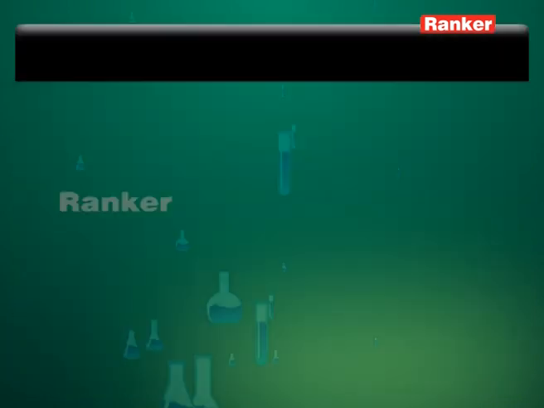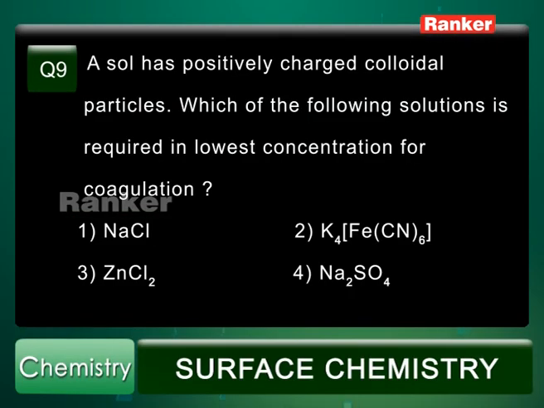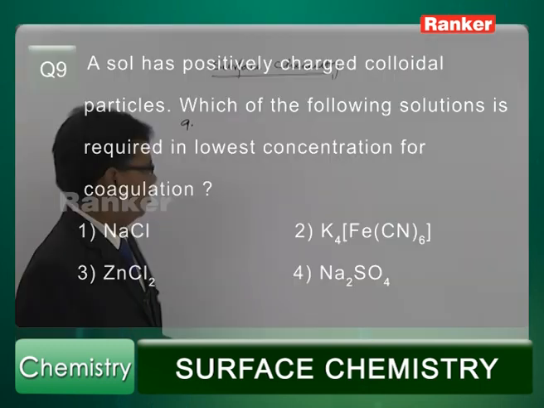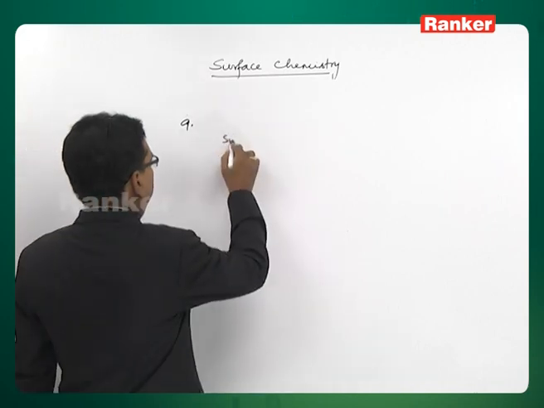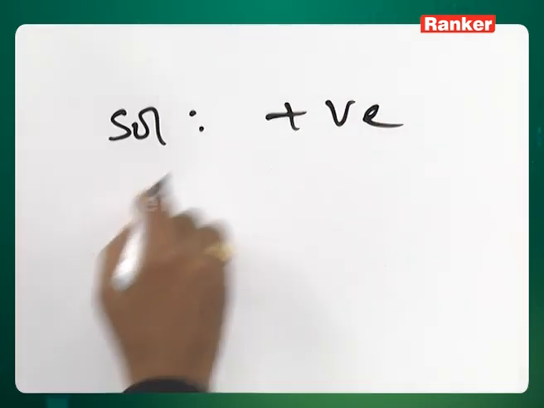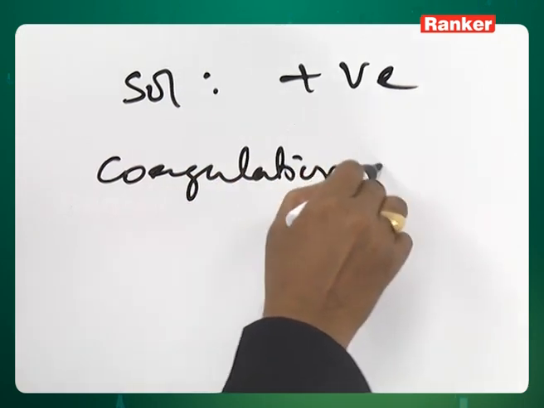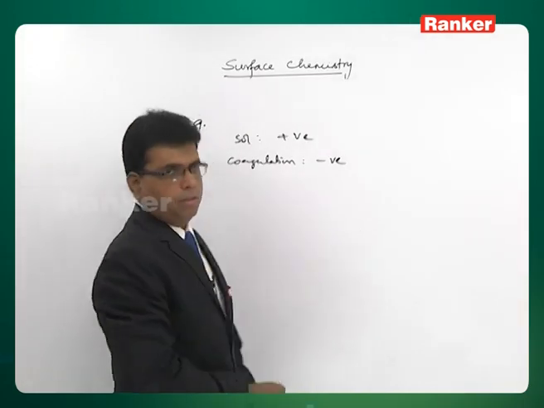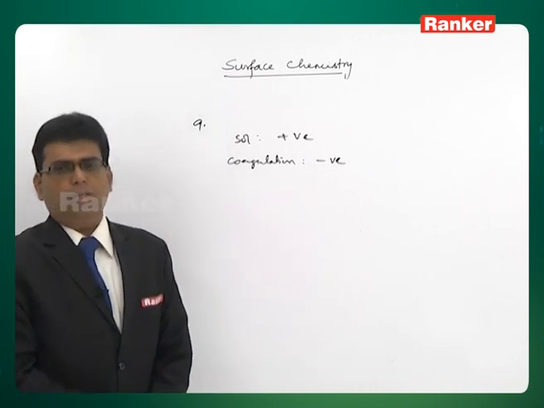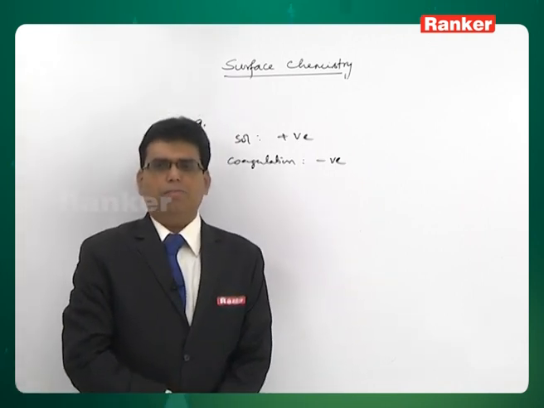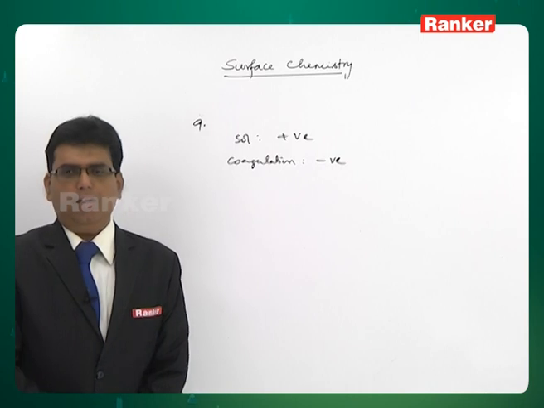Let us move on to question number 9. A sol has positively charged colloidal particles. Which one of the following solutions is required in lowest concentration for coagulation? As the sol is positive, the coagulation must be made with negatively charged particles. Here we have NaCl, K4Fe(CN)6, ZnCl2, Na2SO4.